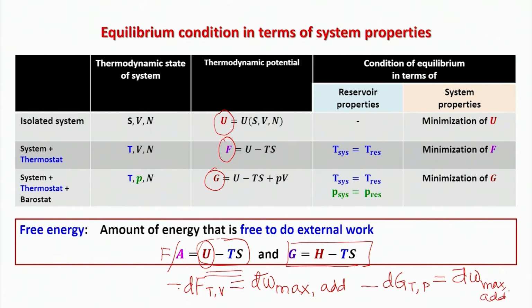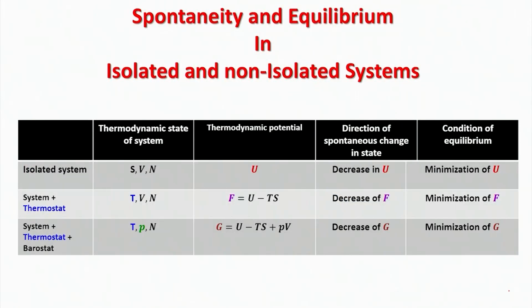And therefore, this is why the free energies are free to do external work. And therefore, now we have the most generic condition for the spontaneity and equilibrium in an isolated and non-isolated system.